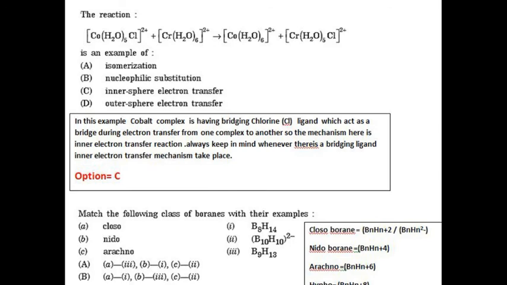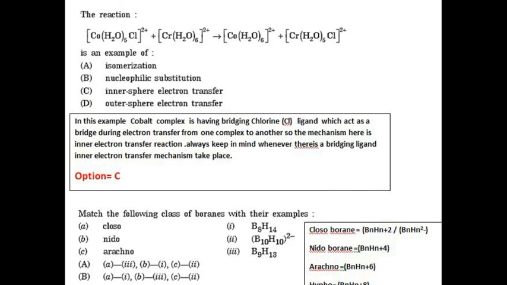We know that closo-borane has the formula BnHn plus 2 or BnHn 2 minus, where n is the number of borons. Nido-borane is BnHn plus 4. Arachno-borane has the formula BnHn plus 6 and hypo-borane has the formula BnHn plus 8.